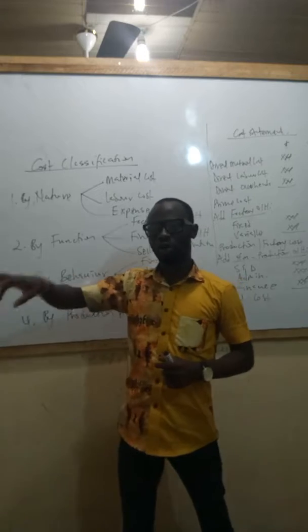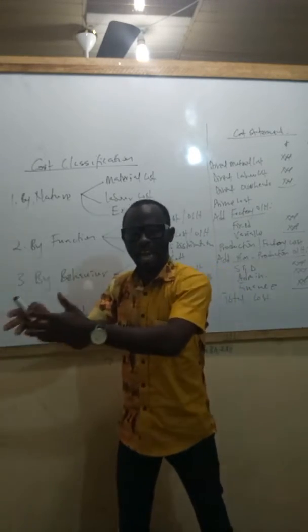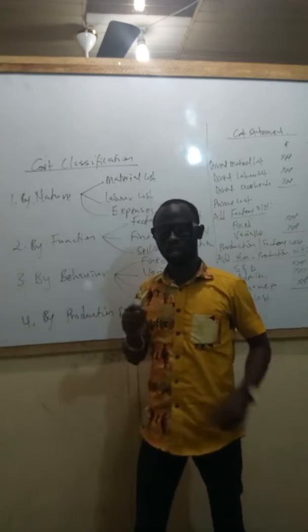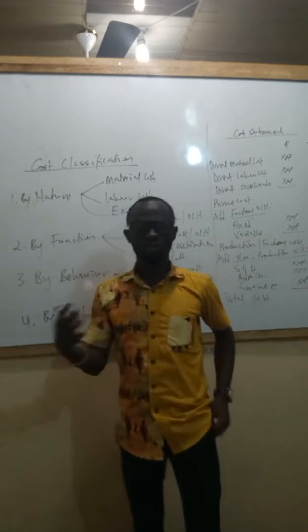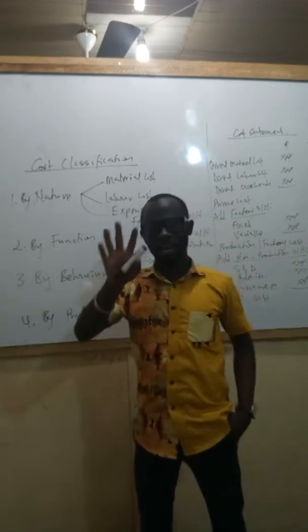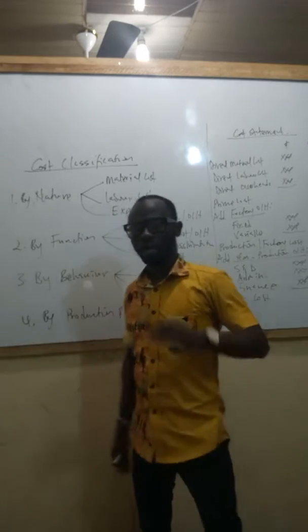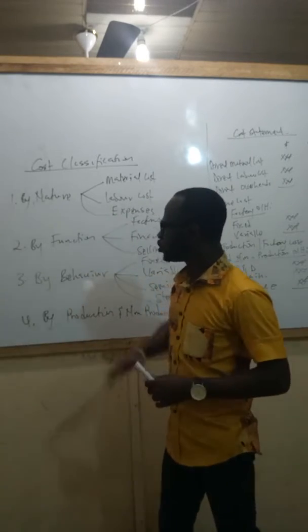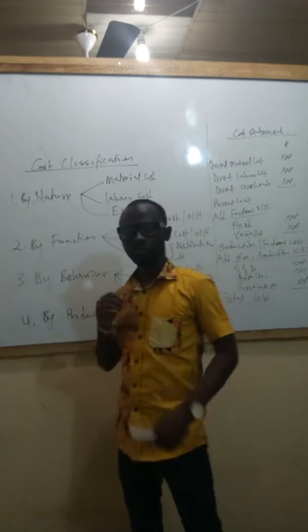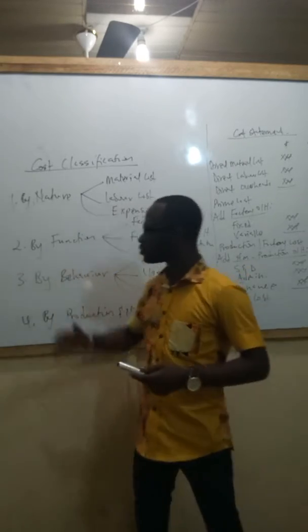But unavoidable cost is a cost that you will still incur whether you undertake the decision or not. So there are various ways through which costs can be classified. But aside from the controllable, uncontrollable, avoidable, and unavoidable, there are other ones that we need to look at, which are the four areas which will set the tone for our discussion in this video.